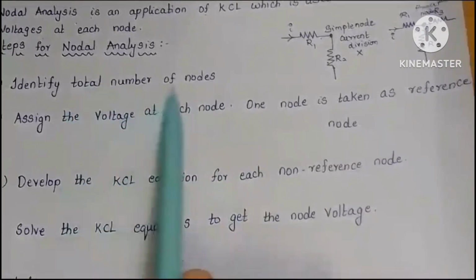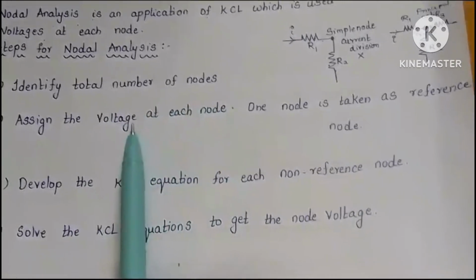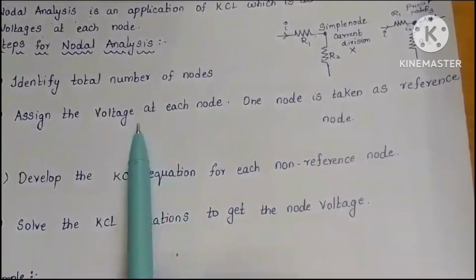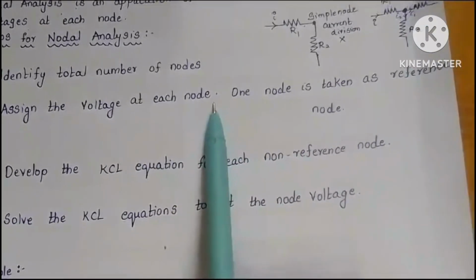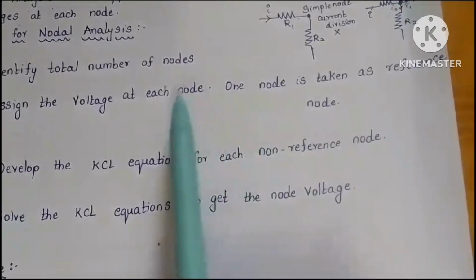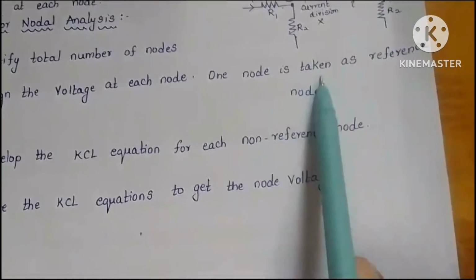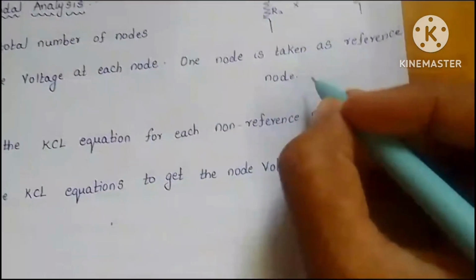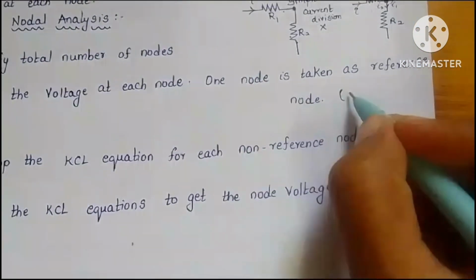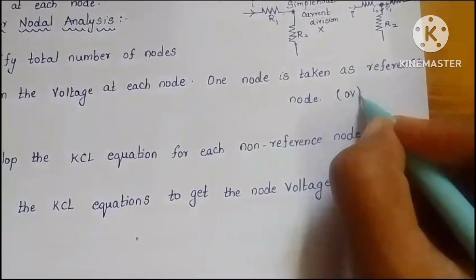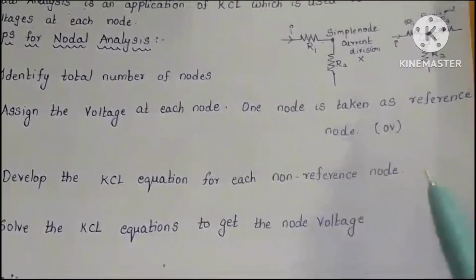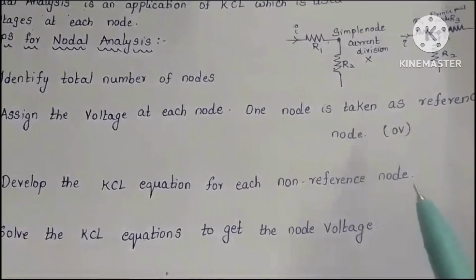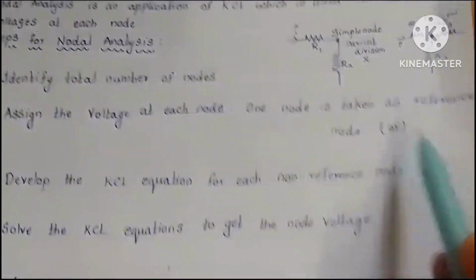Once we identify the number of nodes, next we need to assign the voltages at each node. Out of all the nodes, one node is taken as the reference node. Reference node implies that we take the voltage as 0 volts. We assume that the voltage at that particular node is equal to 0.